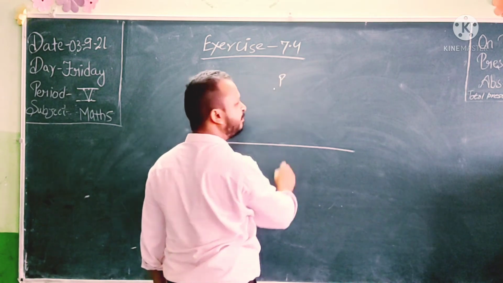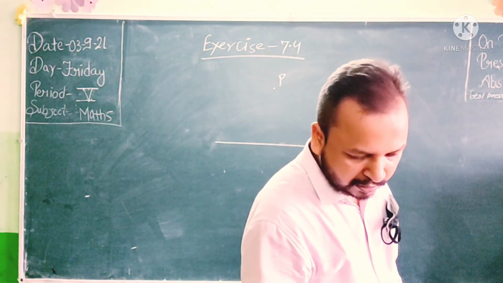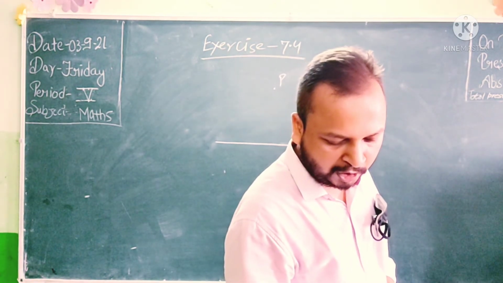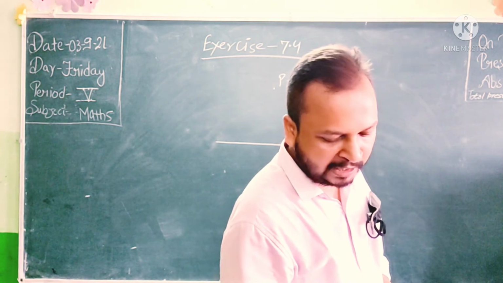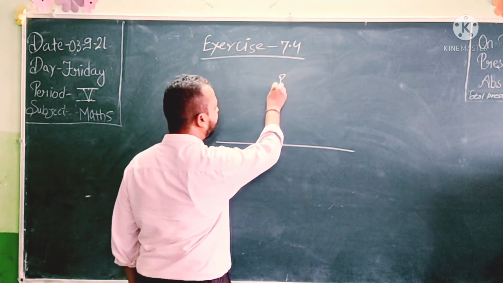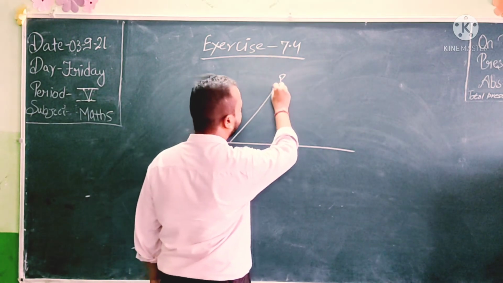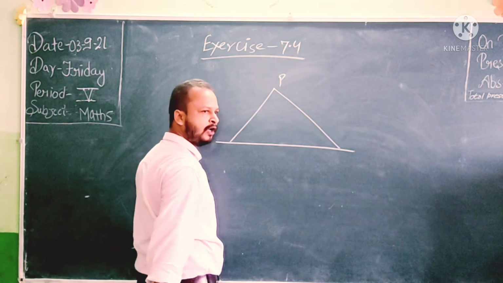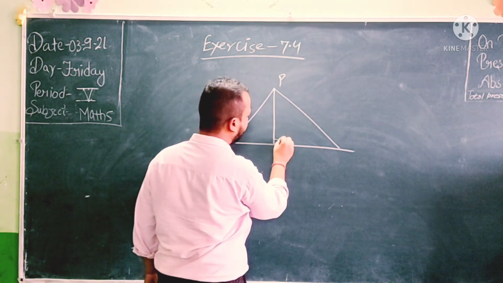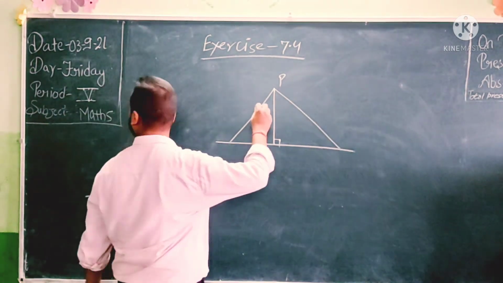Suppose this is point P, right? So show that of all line segments drawn from a given point not on it, the perpendicular line segment is the shortest. Means if we draw any line segment, suppose this we have drawn, but the shortest is which? Which is perpendicular. So that we have to show.